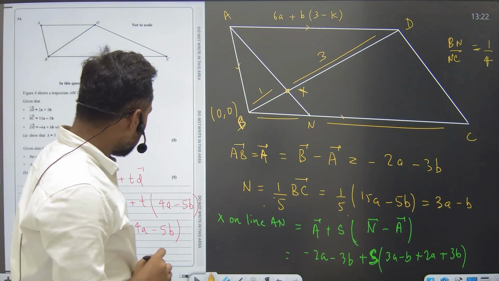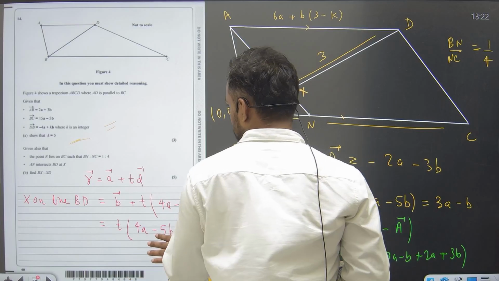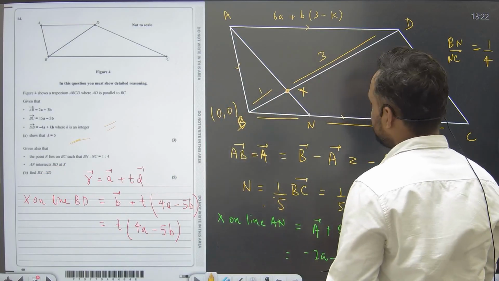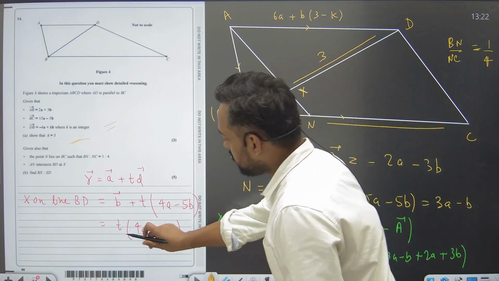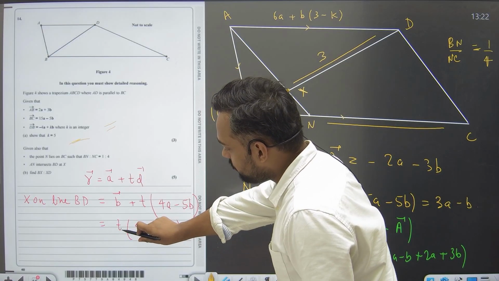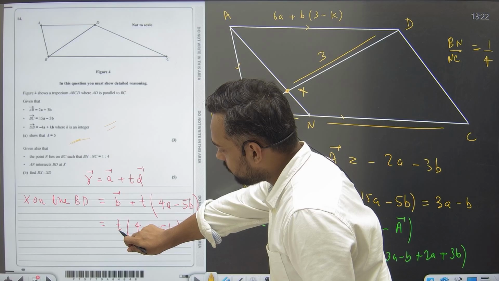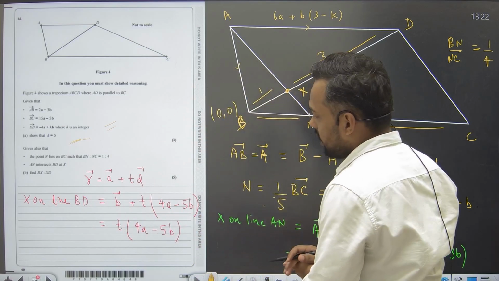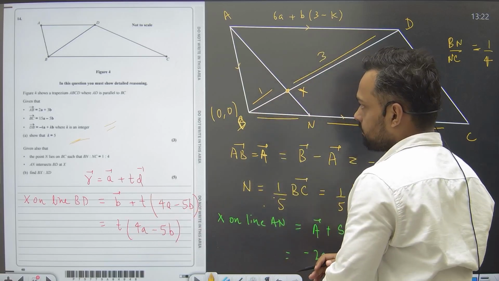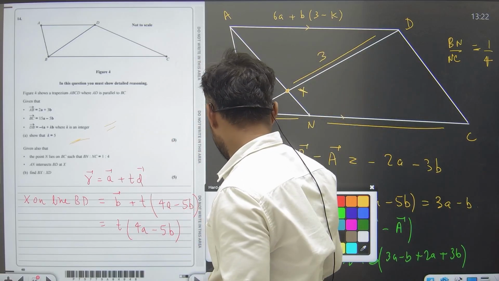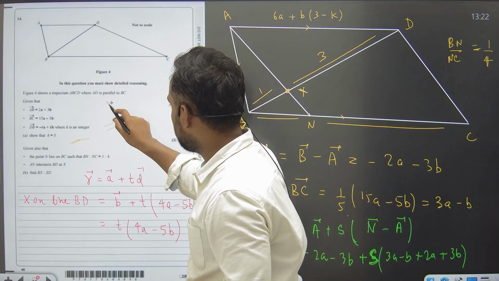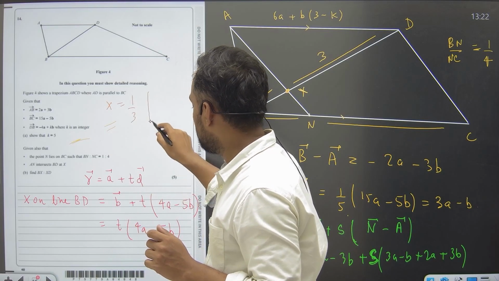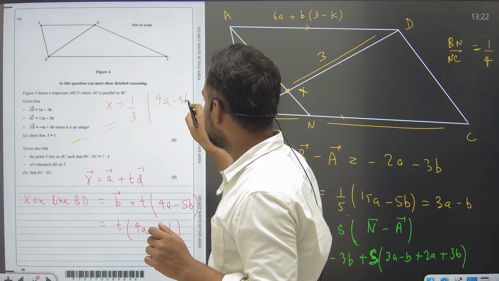See, the ratio BX by XD is what they have asked for. Since I have got the value of t as 1 by 3, we plug the value of t here. So x will be 1 by 3 times 4a minus 5b.